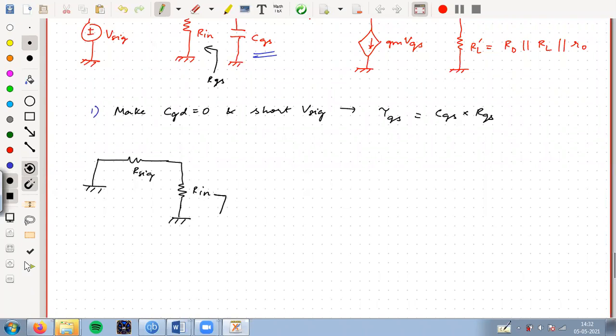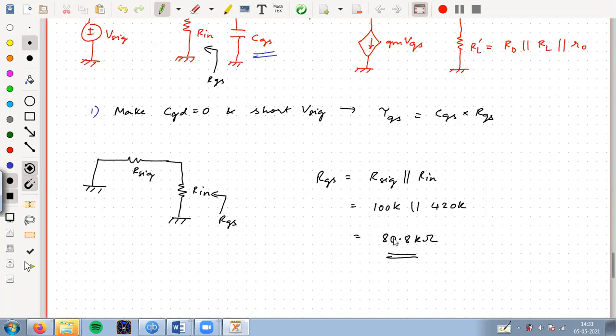So you can straight away tell RGS is the parallel combination of R signal and RN. RN is 420 kilo ohms, R signal is 100 kilo ohms. So this will turn out as 80.8 kilo ohms.